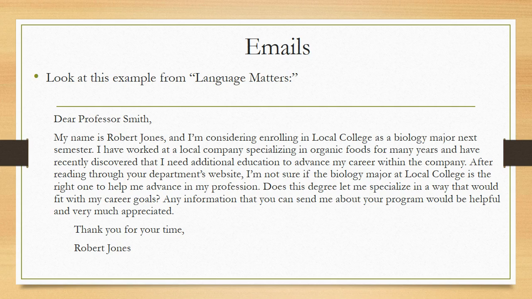I want to enroll as a biology major next year. What can you tell me?" The professor might have emailed back and said, "Well, what are your goals? Why do you think biology is right for you?" So, because he's included that information in this email, he doesn't have to have that second email. We can move right on to getting the specific information that we want.